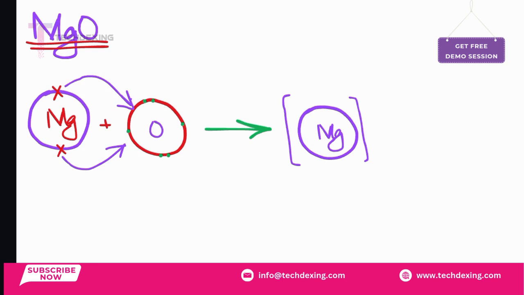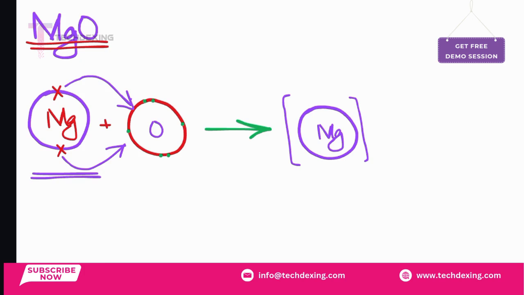And how much would be the charge on the magnesium ion? The charge of the magnesium ion. It will be -4, right? Shan, how would it be -4? You can see -2 or +2.